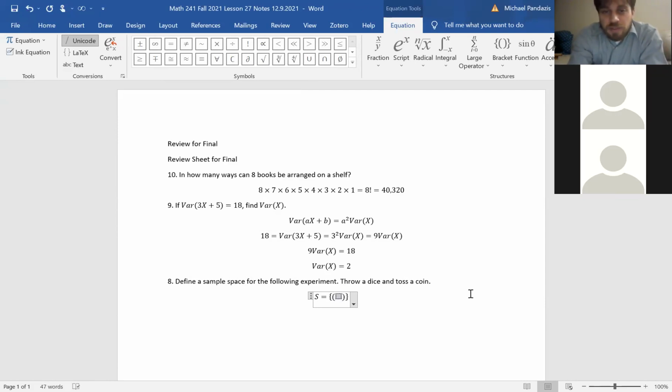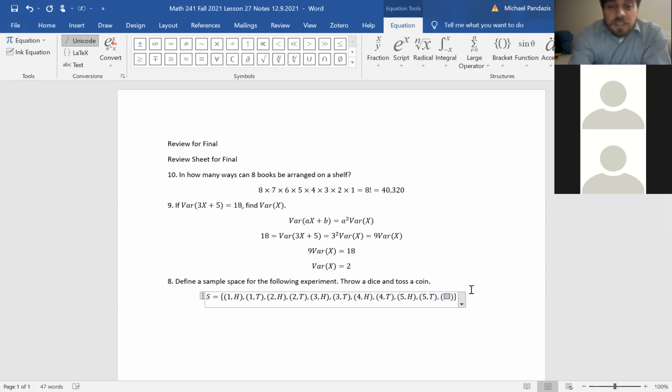The options for throwing a dice are 1 through 6, and for each of them, you can either do heads or tails. So you have 1H, 1 tails, 2H, 2 tails, 3H, 3 tails, 4H, 4 tails, 5H, 5 tails, 6H, 6 tails.